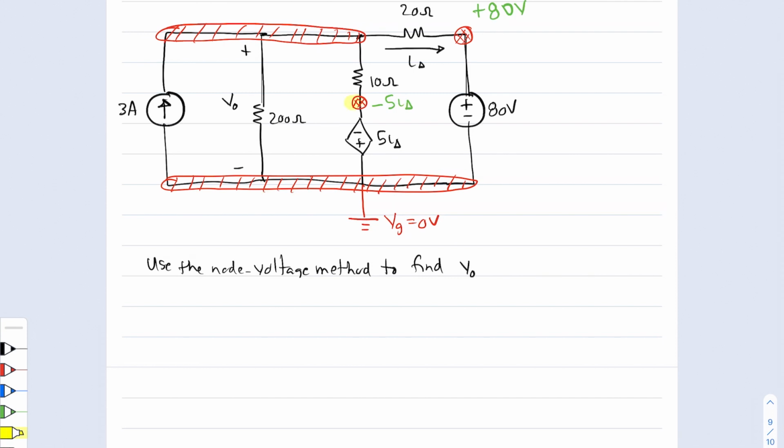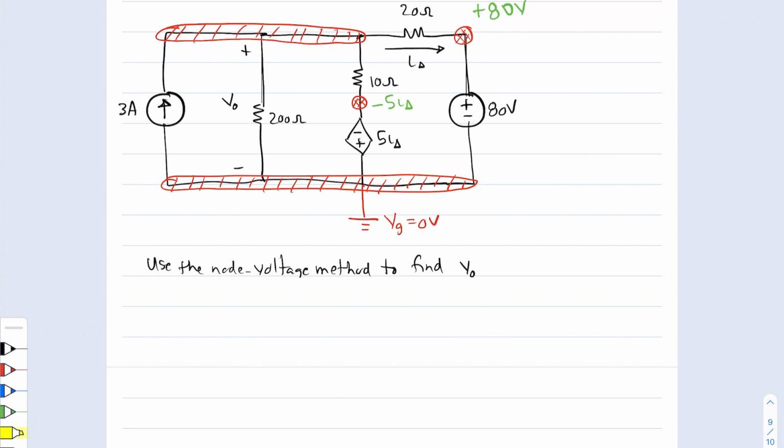So the node voltage at that little tiny node here, this one, is minus 5I delta. There are no more voltage sources. That means that whatever nodes are left are independent nodes, and we have to give them a variable name.